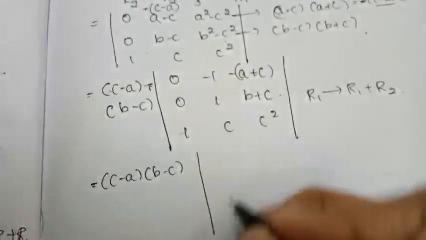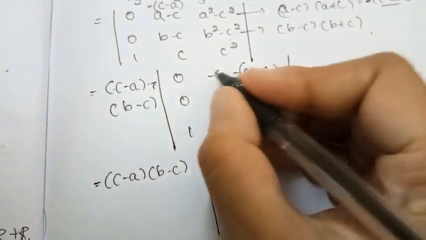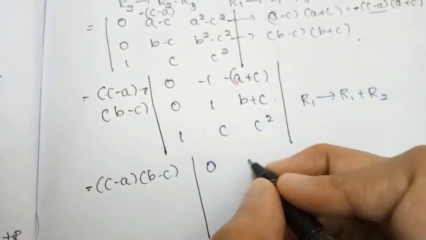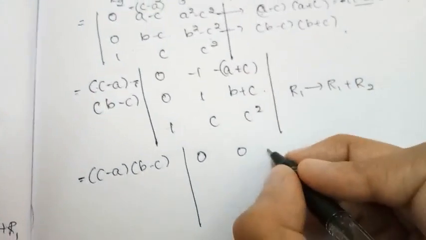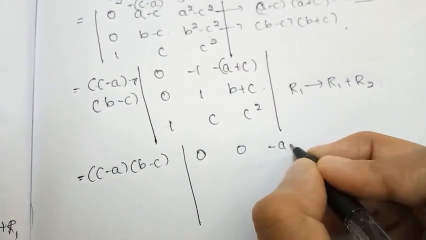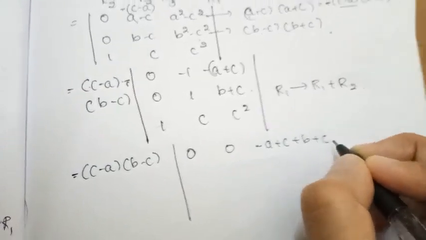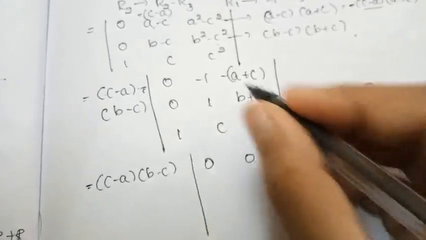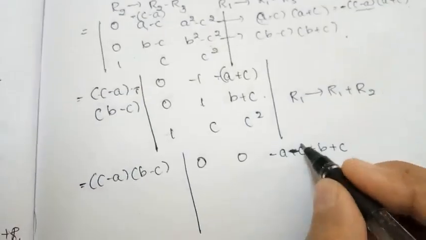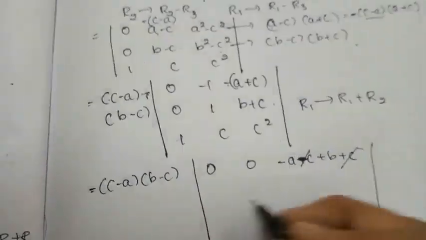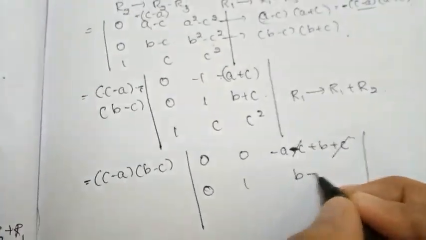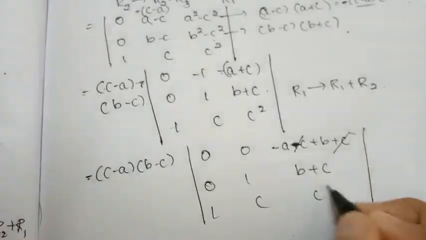So this one remains as it is. Minus 1 plus 1 becomes 0. This becomes minus a plus c plus b plus c, because minus is distributed to both the terms, so minus c cancels. So 0, 1, b plus c, 1, c, c square.